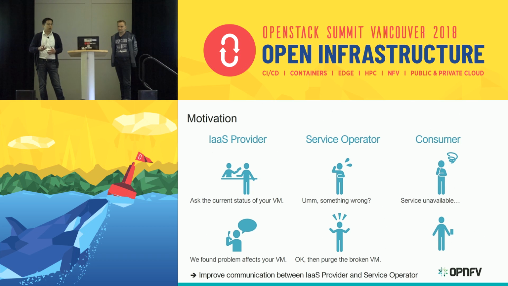So the user of the VM was asked to call the API to retrieve the current status of the VM or the network status. So it's very hard to capture the hardware failure or infrastructure failure that even affects the application. In such cases, the service operator cannot capture the failure in the right time. So some of the consumers of that service will see the service unavailability or service stop.